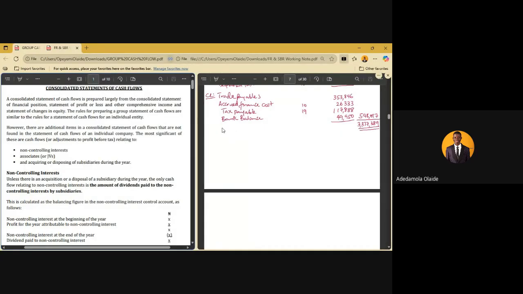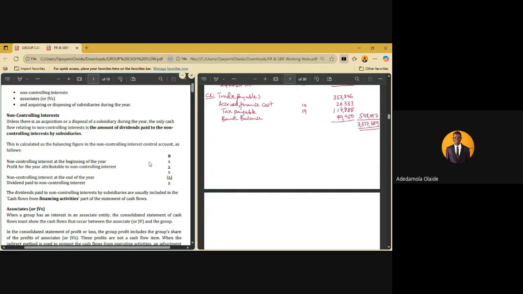Now, when we are consolidating cash flow, the areas that need attention are, one, the non-controlling interests.